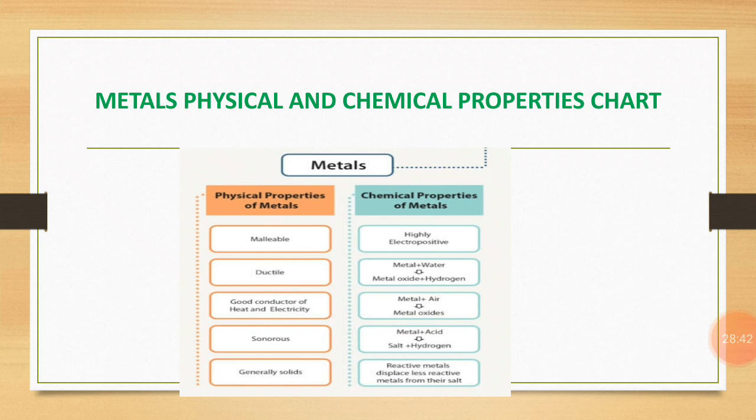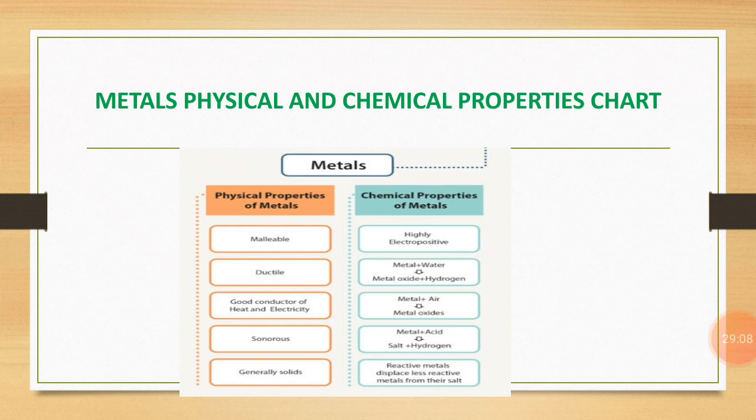Second, metals react with water to form metal oxide plus metal hydroxide, and metals react with oxygen to form metal oxide, and the nature of that oxide is basic. I have given you the example of burning magnesium ribbon in the presence of oxygen.